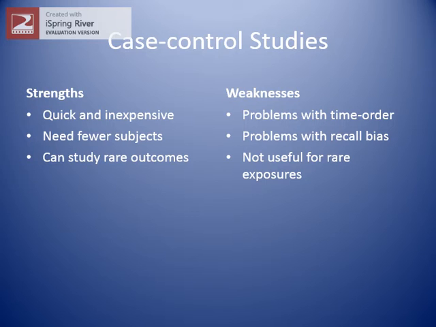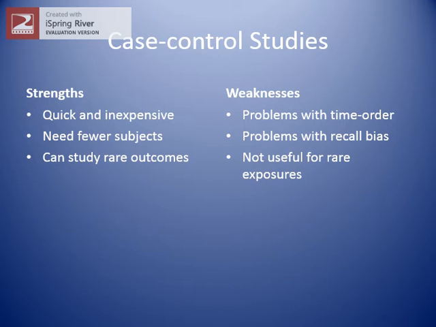There's also issues with recall bias. Recall bias is a situation where people remember things differently because of something that happened to them, usually something bad. So an example in my field of expertise, which is exercise during pregnancy, is miscarriage. So women who have a miscarriage, if you ask them about things that happened before the miscarriage, they may remember it differently because they had something bad happen.